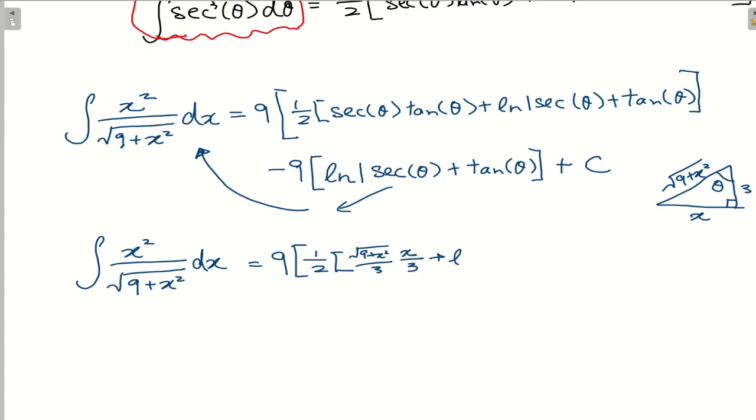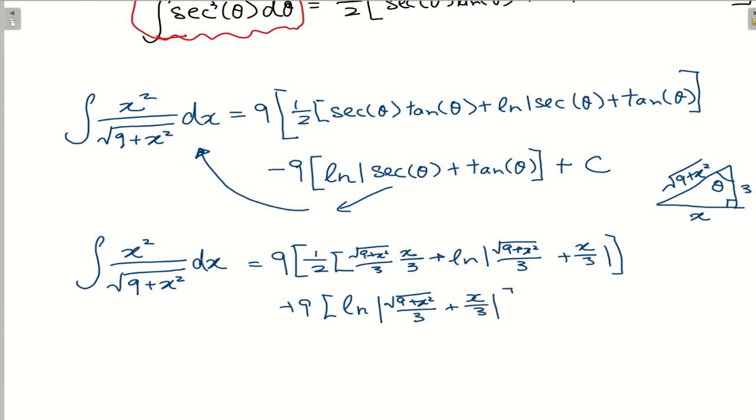So we have the log of secant theta, square root of 9 plus x squared over 3, plus tangent theta, x over 3, minus 9 log of secant theta, square root of 9 plus x squared over 3, plus tangent theta, x over 3, and of course finally plus c. This is the final solution.